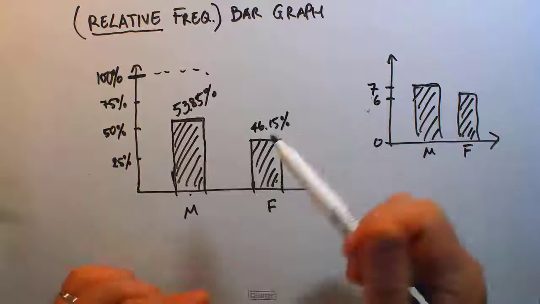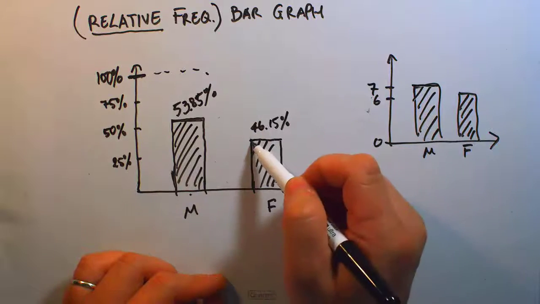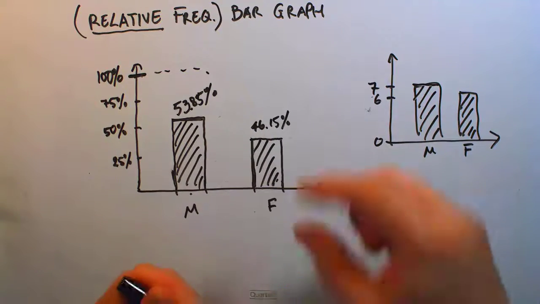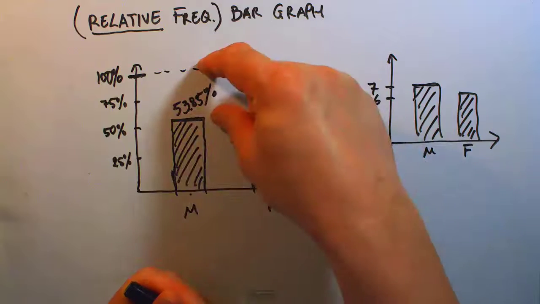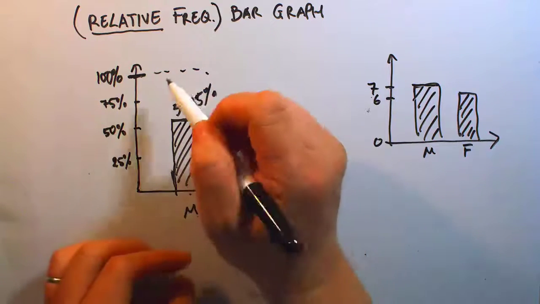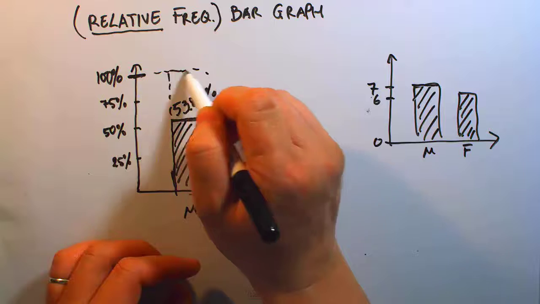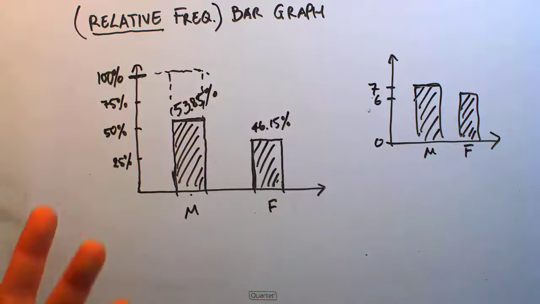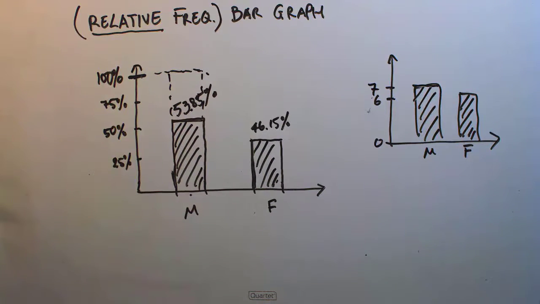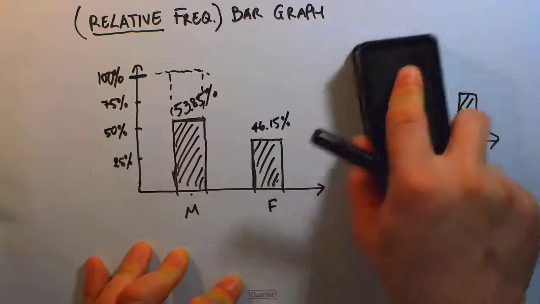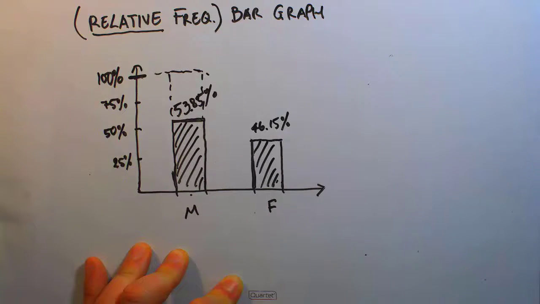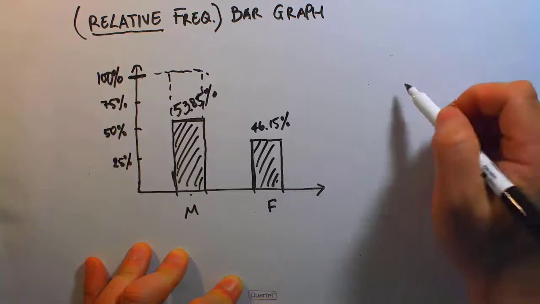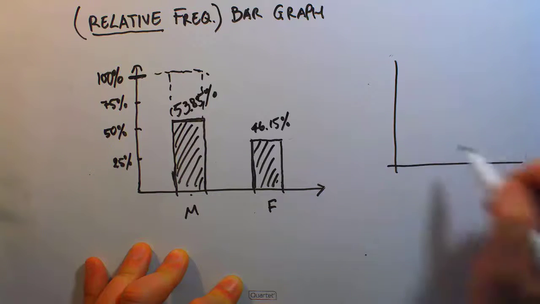And then another intention, you can see I'm not skilled enough to do that, but think about if we can take this bar right here and stack it on top of that other bar, then the two heights are going to add up to exactly 100%, because that's the whole point of relative frequency, of percentages. All the percentages add up to 100%. As a matter of fact, there are quite a few times relative frequency bar graphs are written in that way.